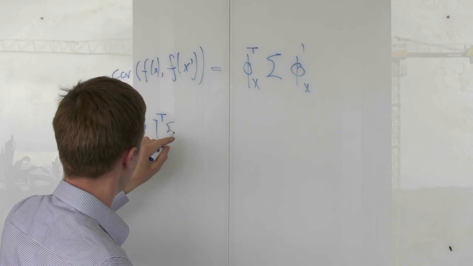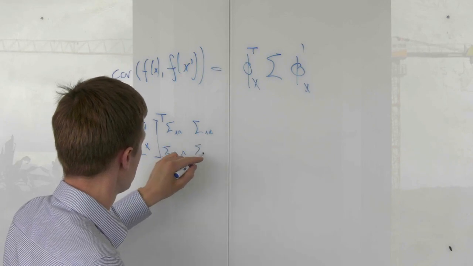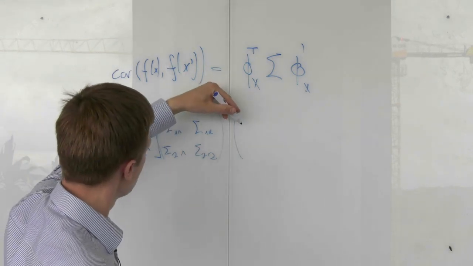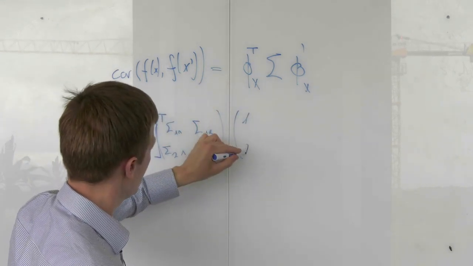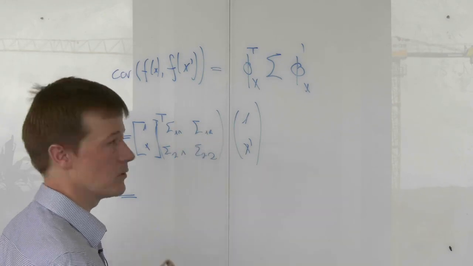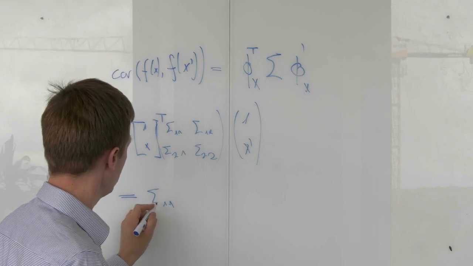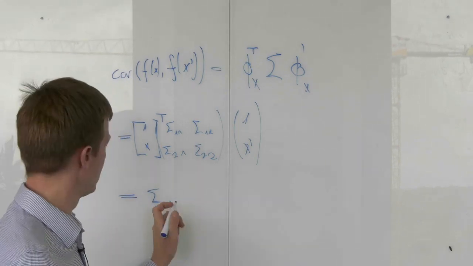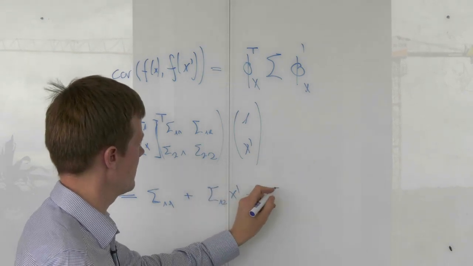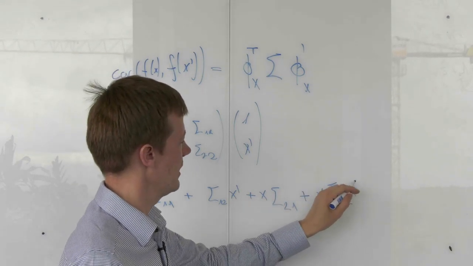In this case, I've actually chosen this to be the unit matrix. And then we apply from the right hand side 1 and x prime. So if we choose particular values for x and x prime, we're going to get sigma 1,1 plus sigma 1,2 times x prime plus x times sigma 2,1 plus x sigma 2,2 x prime.